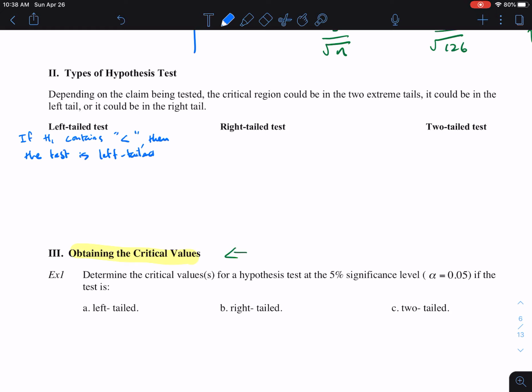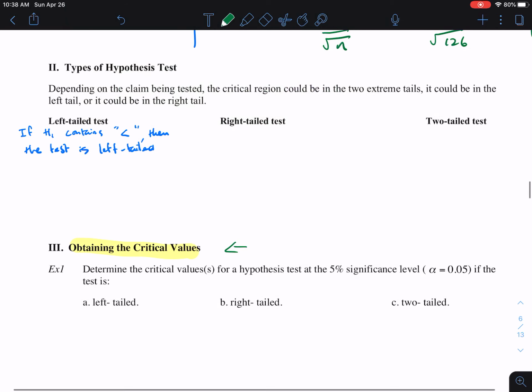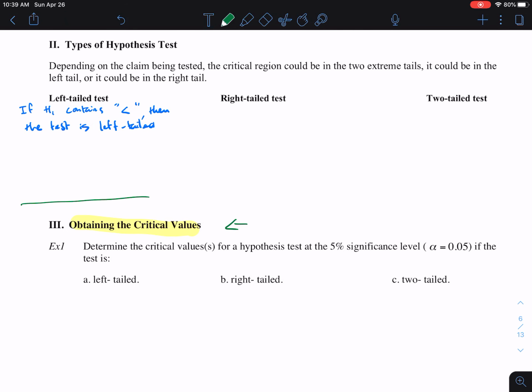Okay, and what does it mean that the test is left tail? It means that the cutoff value, the critical value that determines where the values are significantly low or high, will be this shaded region. So we're gonna shade this right here.